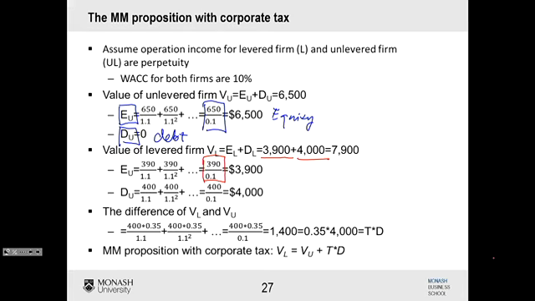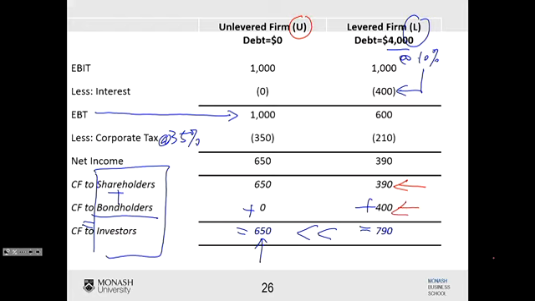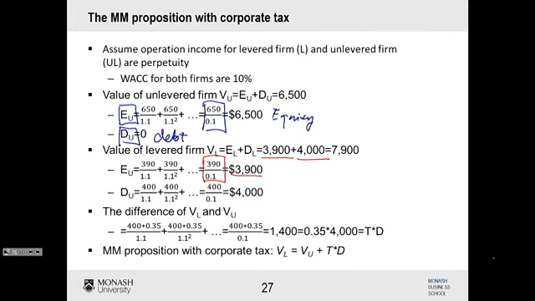So the value of equity is 3,900. How much is the value of the debt? Same thing. $400 comes from here, page 26, and 400 is the same way, perpetuity. We have the perpetuity formula. That's 4,000. So 3,900 plus 4,000, that's 7,900.